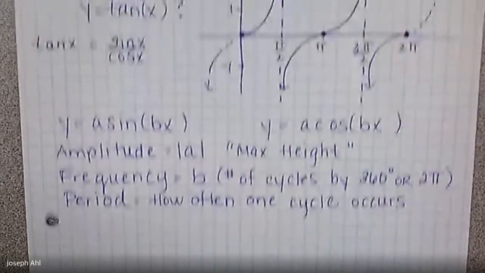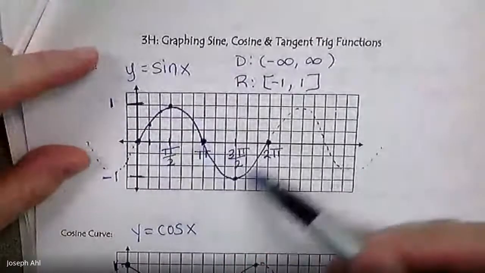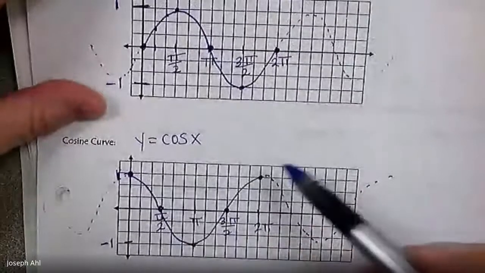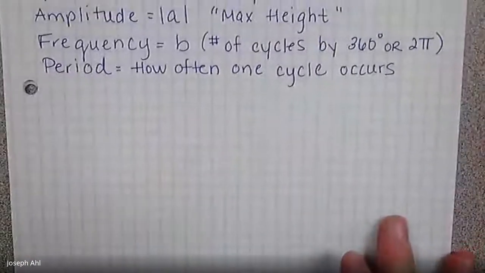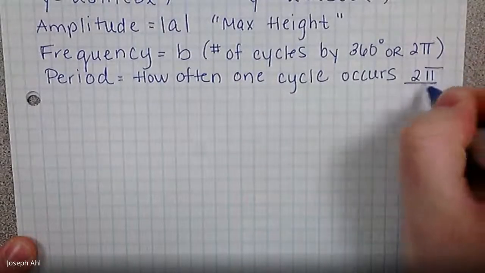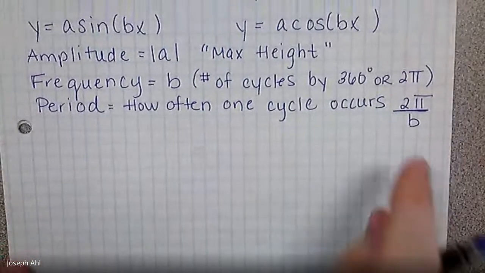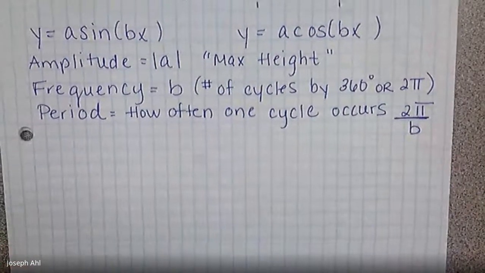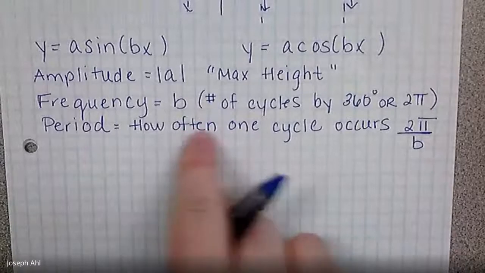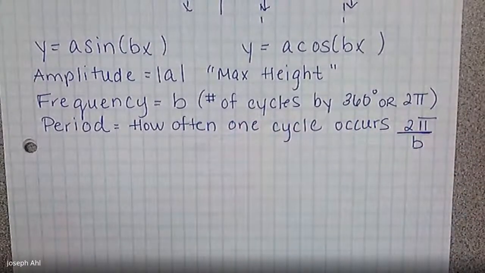Now, typically, it takes one sine or one cosine curve a span of 2 pi to finish its full cycle, right? So here's 2 pi, and then same thing. It takes 2 pi to finish the cycle. But if you change the frequency, if you take 2 pi and divide it by b, that would be the way we're going to define the period. This is how often we would see one cycle of the graph. Okay, so taking the total 2 pi and dividing it by the number of cycles that we have. That's how often we would see one.